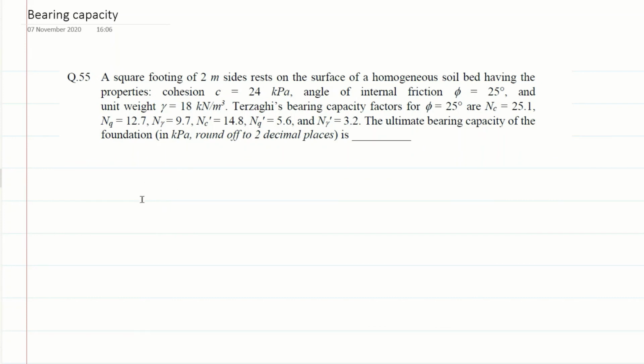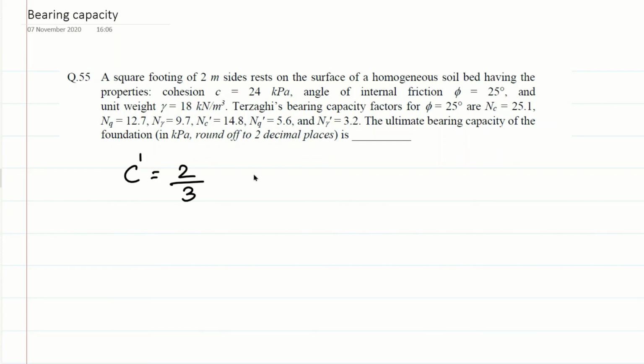So here they have reported two sets of bearing capacity factors. Which one are you supposed to use? See, when your phi value is less than 28 degrees, then local shear failure will occur. Then you have to reduce C to 2/3 of its value. So your C is equal to 2/3 of the C which is mentioned.